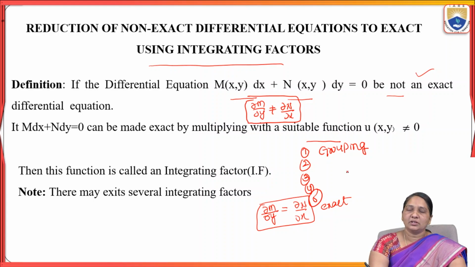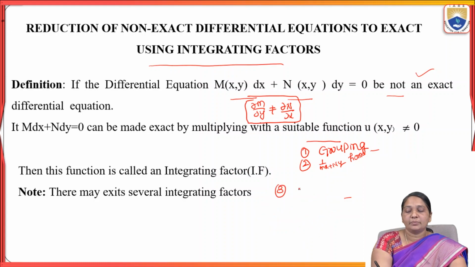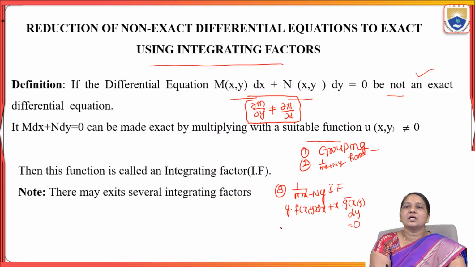In the second method, 1 by (Mx plus Ny) is the integrating factor, with the condition that the equation should be homogeneous. In the third method, 1 by (Mx minus Ny) is the integrating factor, where the equation should be of the form y f(x, y) dx plus x g(x, y) dy equal to 0.